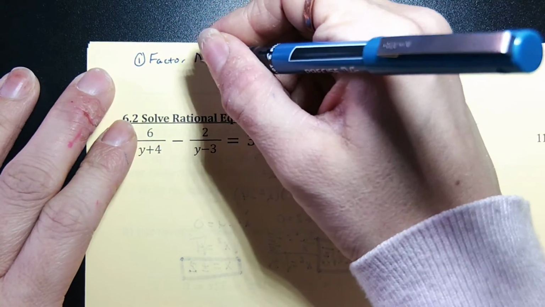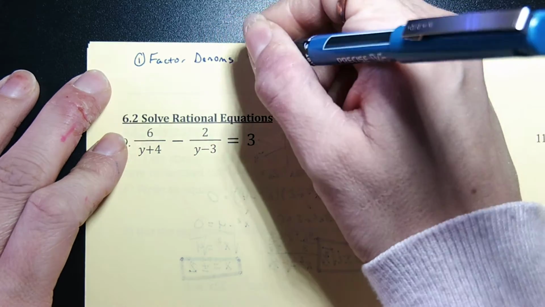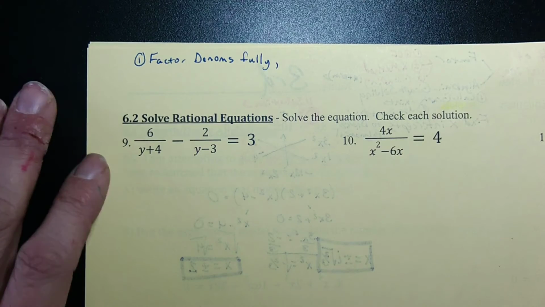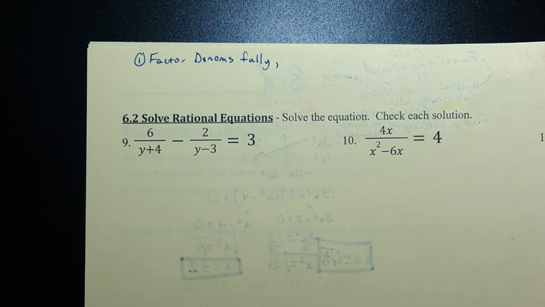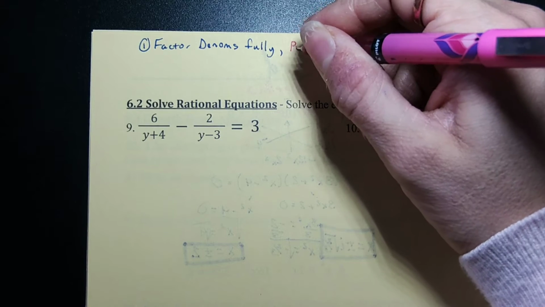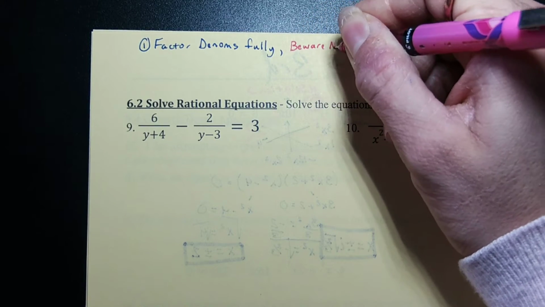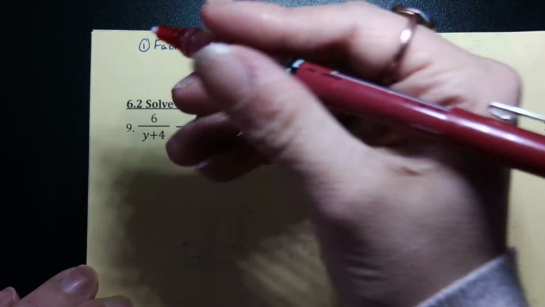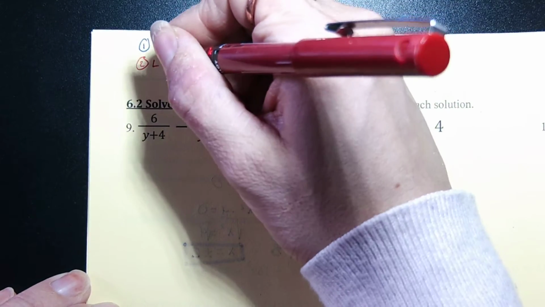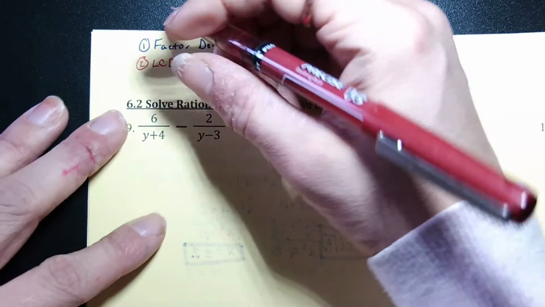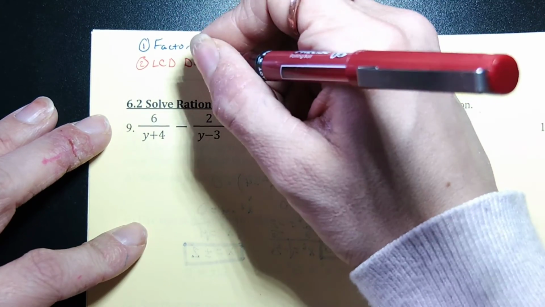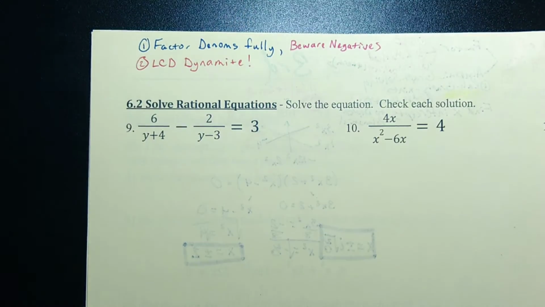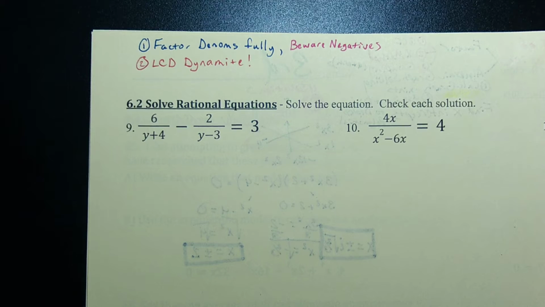On these problems, solving rational equations, first word of advice, you must factor fully. Let's write: factor denominators fully. Beware negatives. Step 2, least common denominator, dynamite, where we blow up all of the denominators of our fractions.